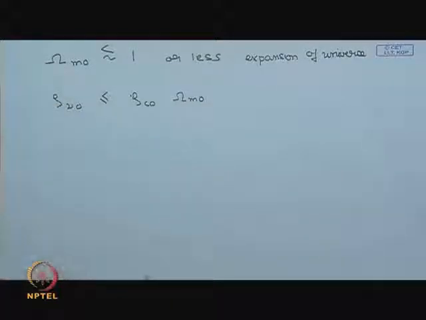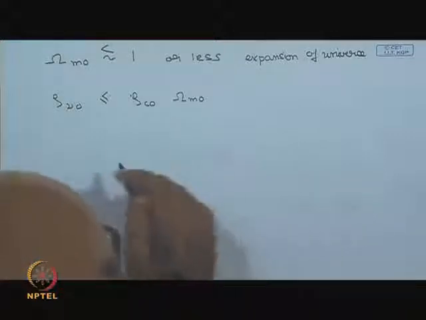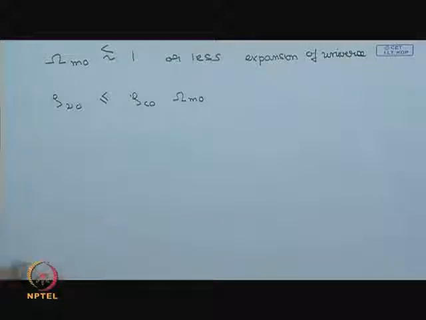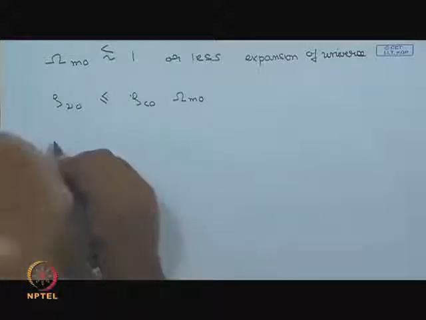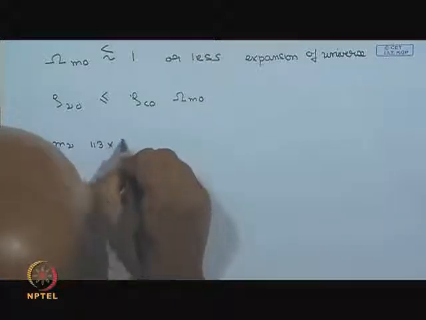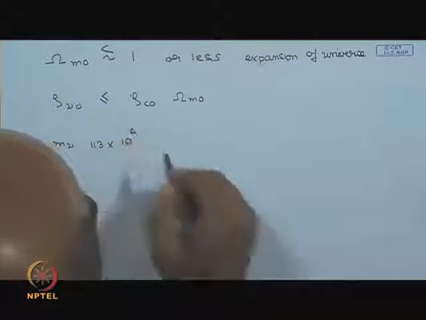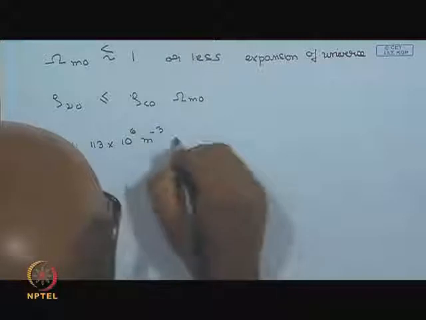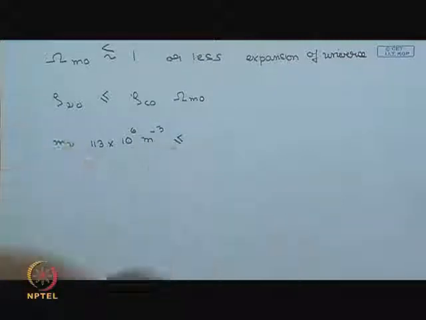We have worked out what this would be in terms of the neutrino mass. What this essentially tells us is that the neutrino mass m nu into 113 into 10 to the power 6 per meter cubed should be less than or equal to the matter density of the universe.